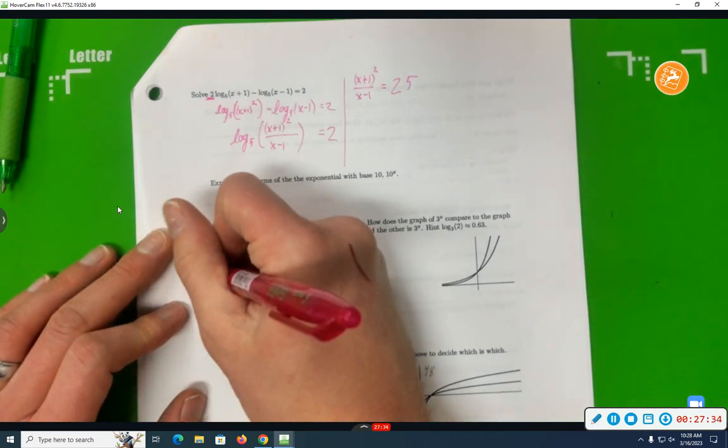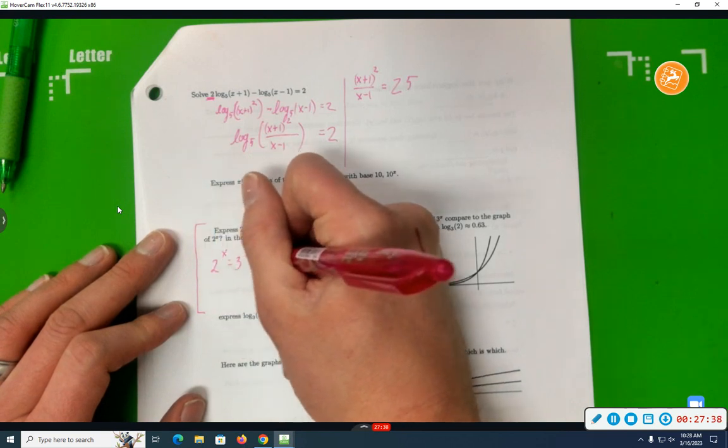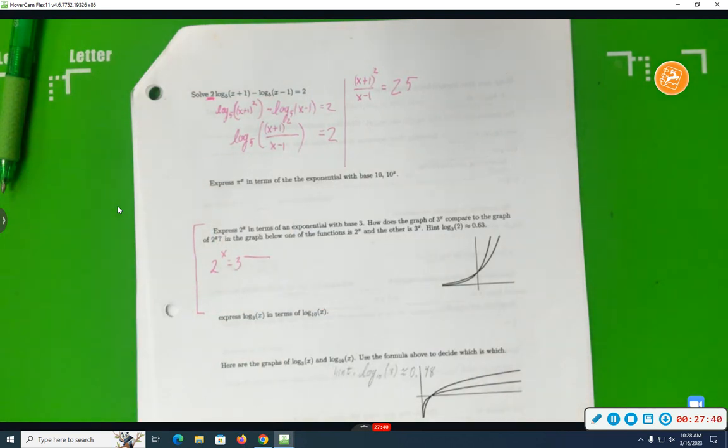So 2 to the x is equal to 3 raised to what power? Of the formulae you see on the board, which one looks useful? Which of those formulas let us change an exponential from one base to another?